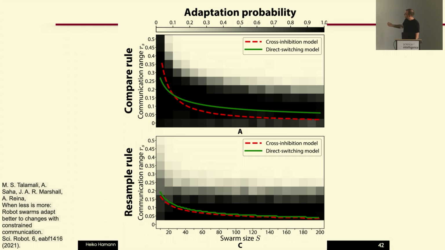And in the black color, you see how well and how fast they were able to adapt. You see that this area is getting bigger and bigger with bigger swarms towards the lower part, that means for smaller communication ranges.